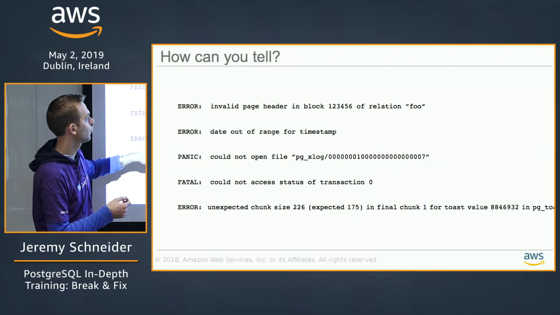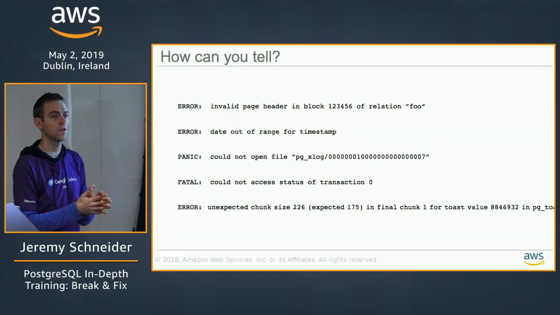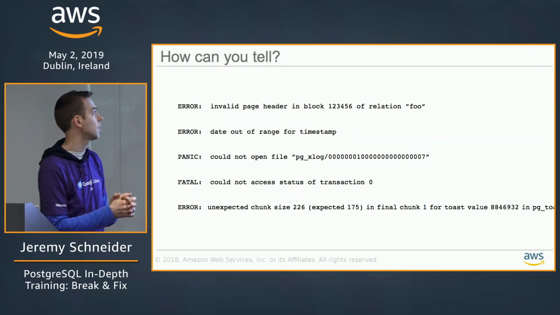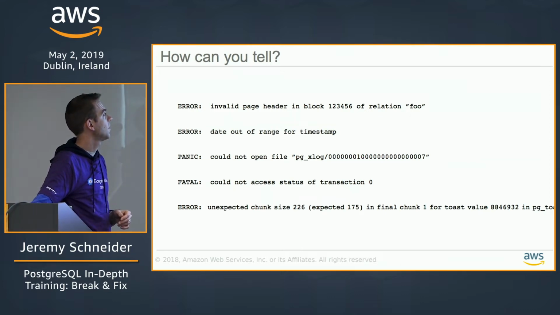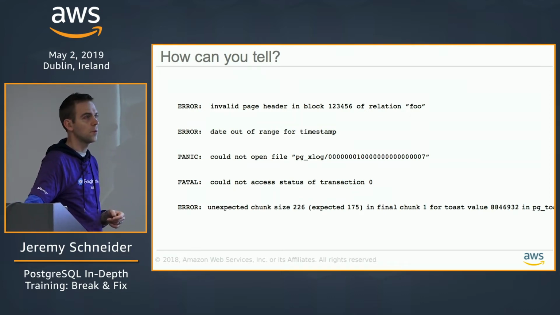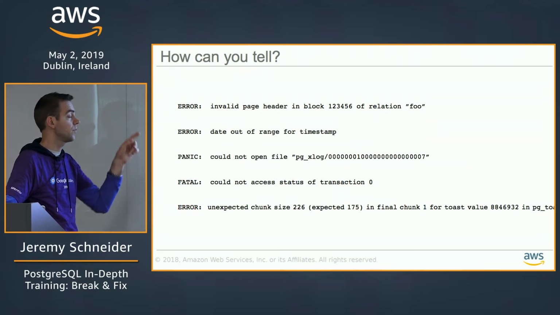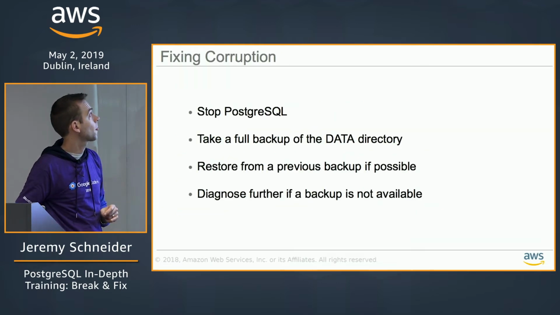This unexpected chunk size, oh man, I remember seeing that, and that's an infuriating one. That specifically has to do with the TOAST tables, when TOAST tables start getting messed up. So these are a couple of the different things that you might see in Postgres. And when we get to our lab section, hopefully you will see some of these too. I hope everybody has a chance to try some of this out.